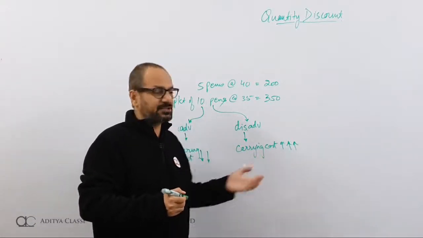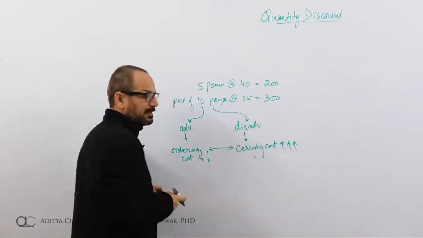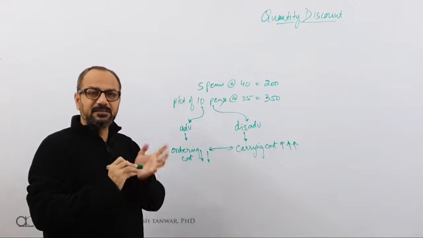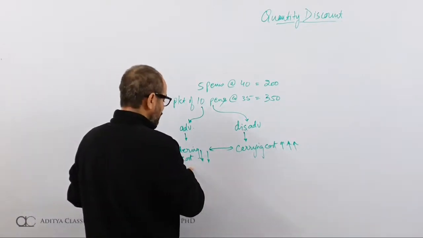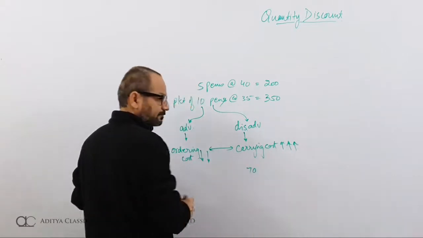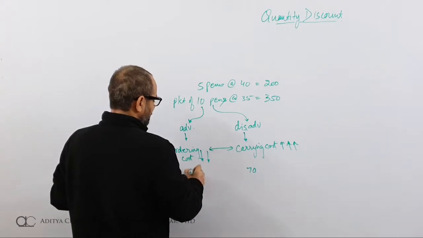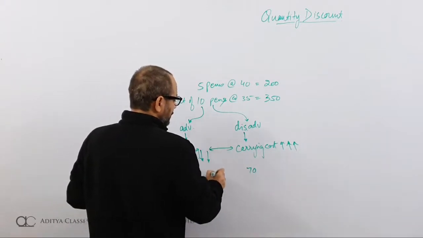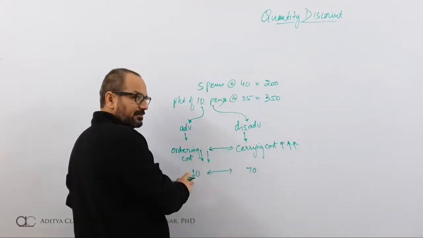Now what we need to check is the difference between these two costs. Suppose my carrying cost is going up by, let us say, 70 rupees, and the ordering cost is coming down by, let's say, 10 rupees. So what is happening in this deal? It is going up by 70, it is coming down by 10 rupees.